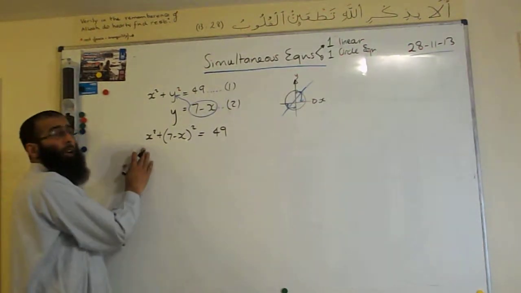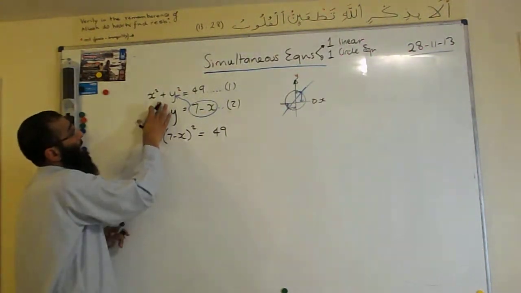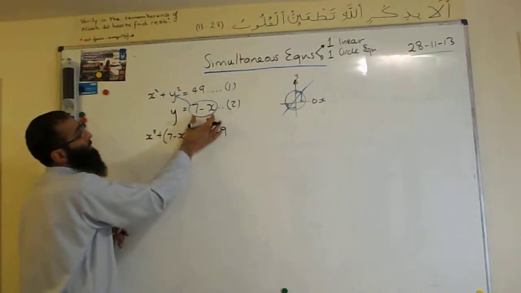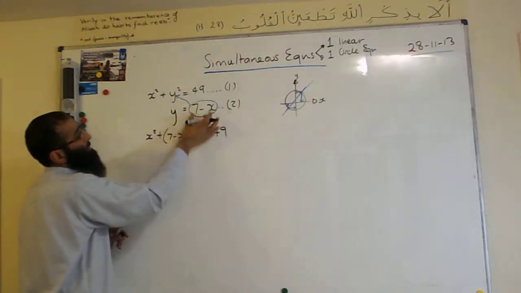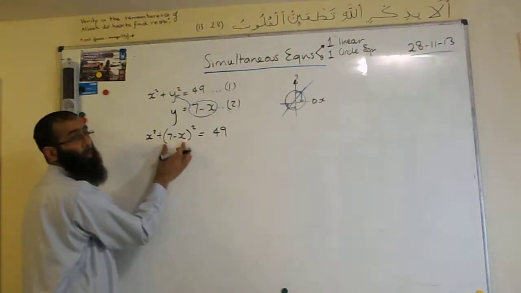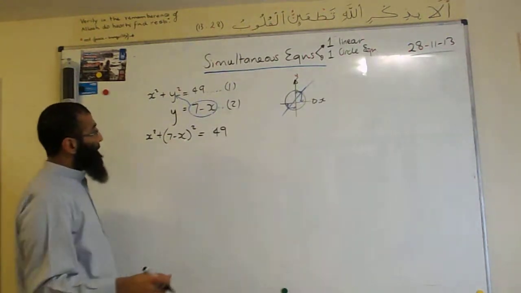So we have x squared add y squared, but y is equal to all of this. So y squared becomes this squared. X squared add 7 minus x squared equals 49.